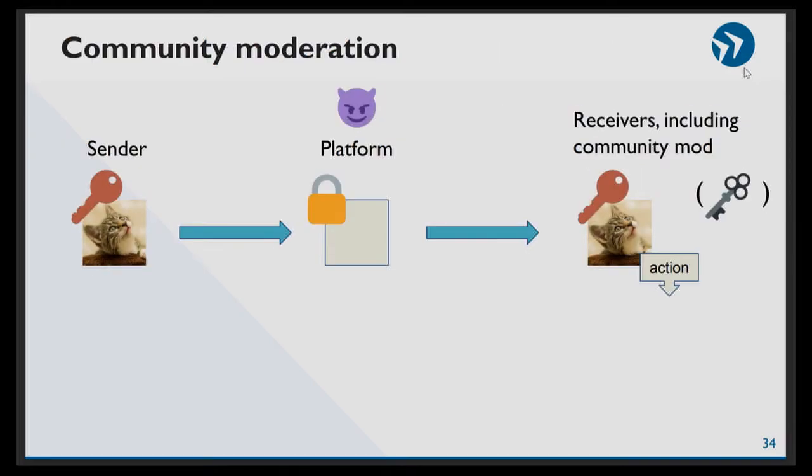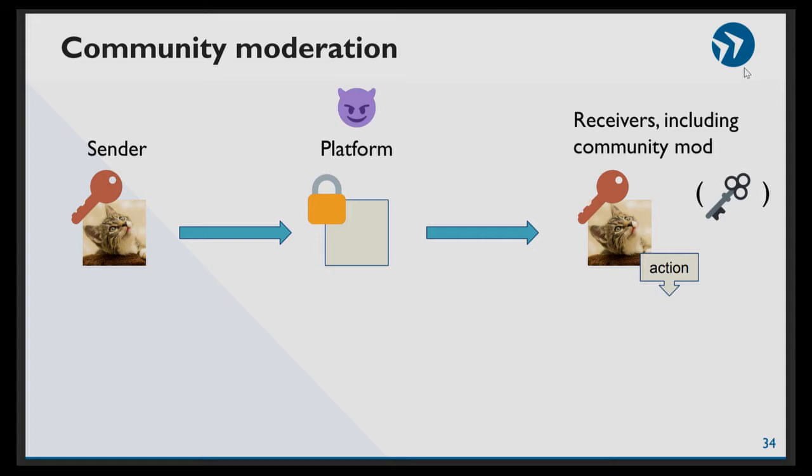But you could have community moderation or user reporting. So by community moderation, I mean there is somebody in the community, whether that's a Facebook group or a Reddit group or a Discord chat or something like that. And in the context of end-to-end encryption, maybe we trust this person to have some kind of additional key powers. So usually they have some kind of additional powers, like to rate limit people or ban people or something like that.